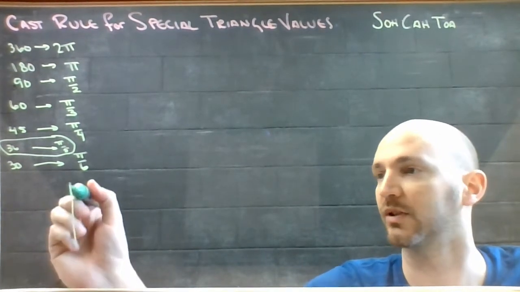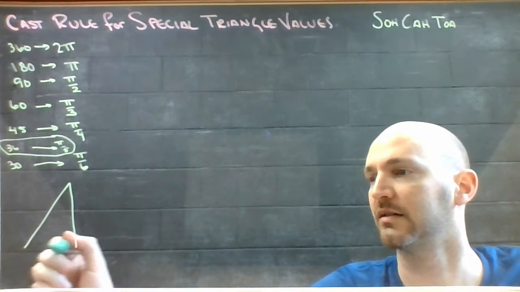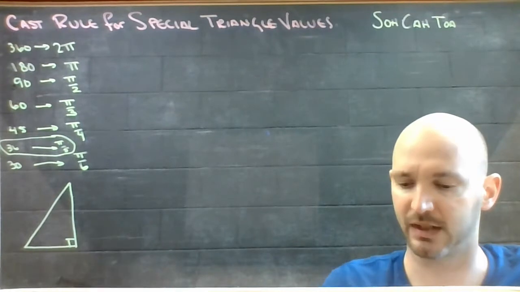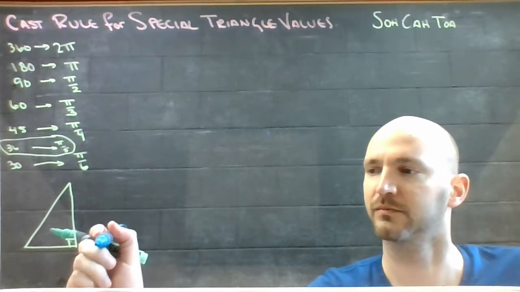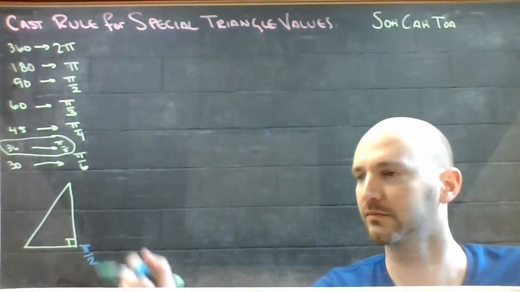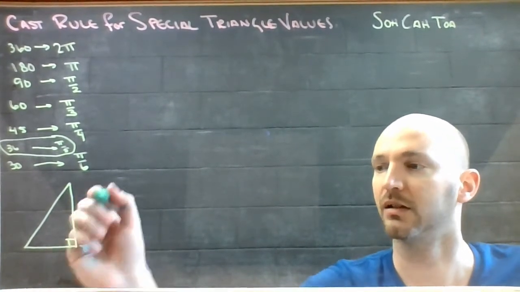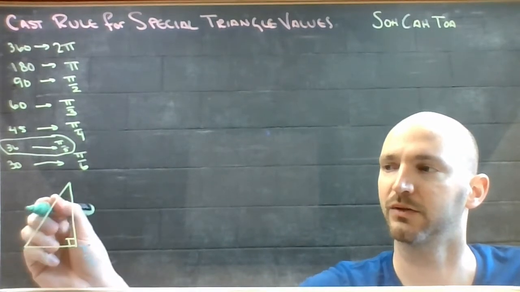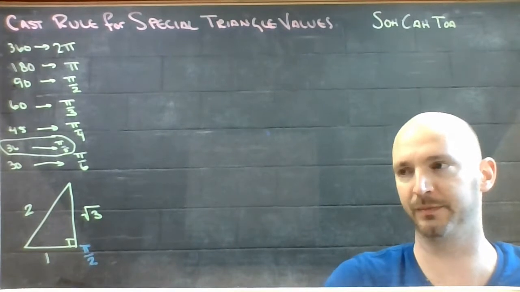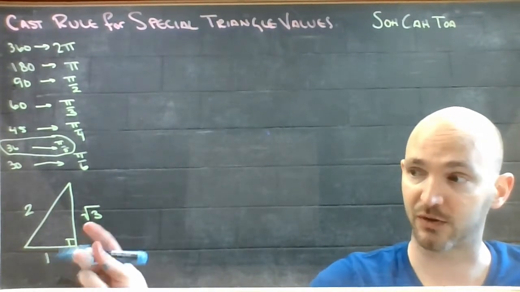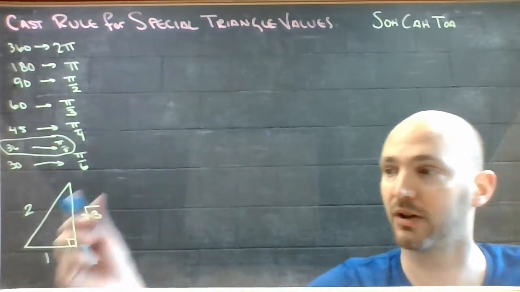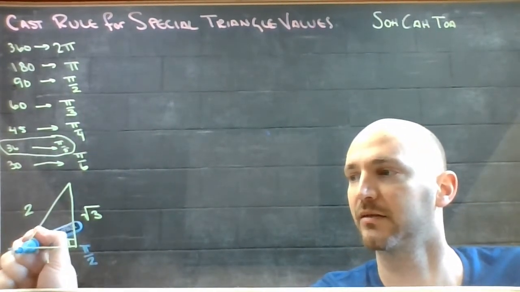The one you would have worked with quite a bit, the pi over 2 corner there. And then we have a 1, 2, root 3 triangle. In this particular triangle was a 60-degree angle down here, but instead of 60 degrees, we're going to call that pi over 3 radians.